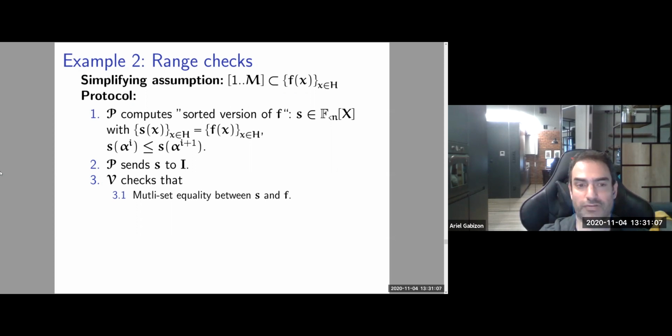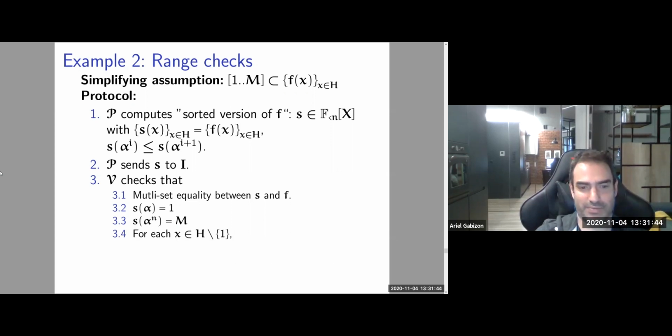And now V is going to do a multi-set equality between S and F, like what we saw before. It's going to check that S really has the same values as F. After that, it suffices to check that S's values are in the range, and that's easier because S is sorted. So V is going to check that S really starts from 1 and ends at M, and with these Lagranges we can do these point checks.